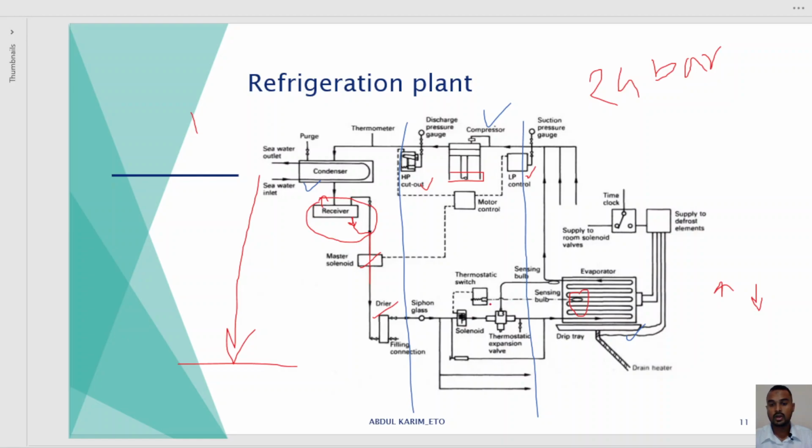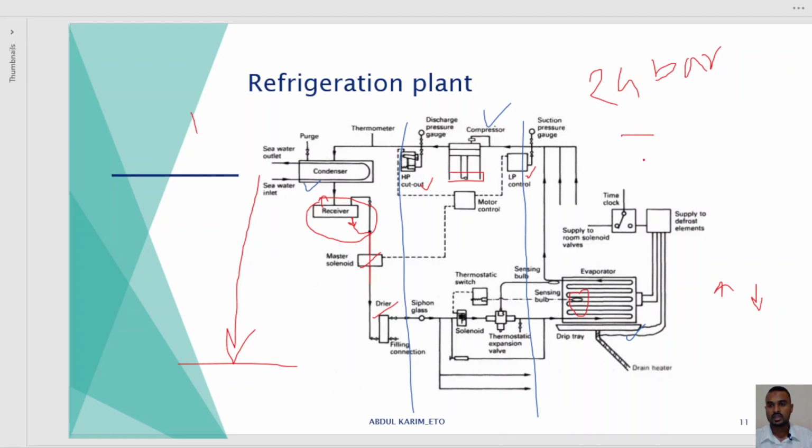Okay. So why is this thermostatic expansion valve used? Into the thermostatic expansion valve, high pressure, low temperature refrigerant goes, and at discharge it converts that high pressure, low temperature refrigerant to low pressure, low temperature refrigerant.